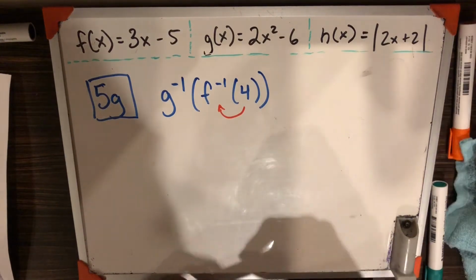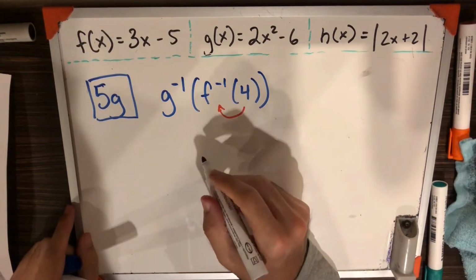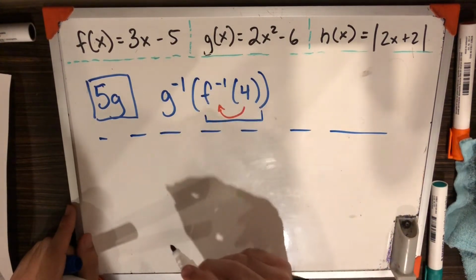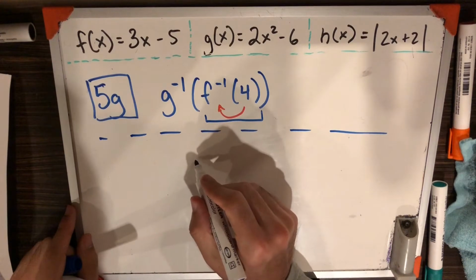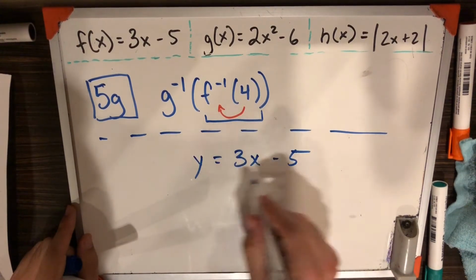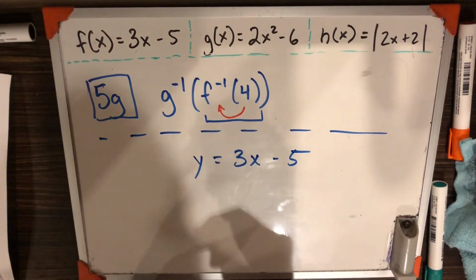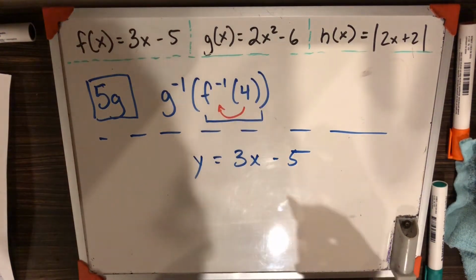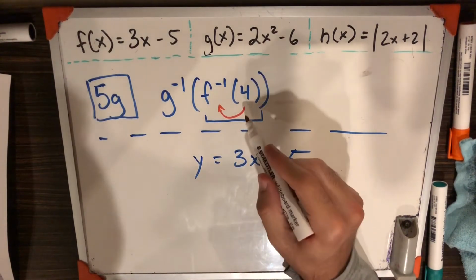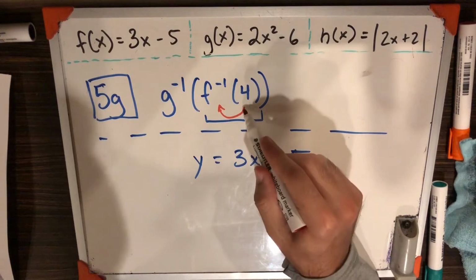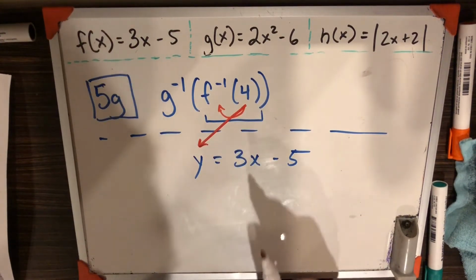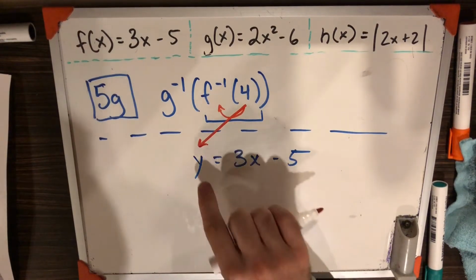Okay, so let's write f first. Again, we have to find what this value is first before we start doing anything else. I know I have y is equal to 3x minus 5. Again, this is what f is. So there's a couple ways you can do this, right? You can find out what the inverse of f is and then plug in 4, but the easiest way you can do this, since we're doing inverse, is to plug 4 straight in for y, and then find what the value of x is.